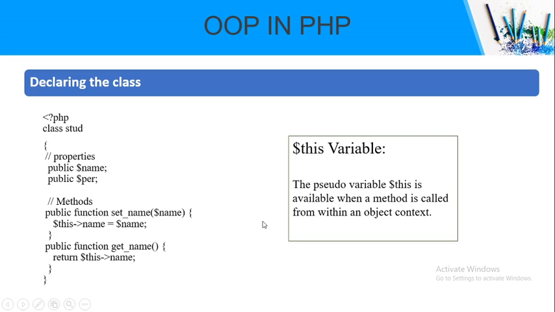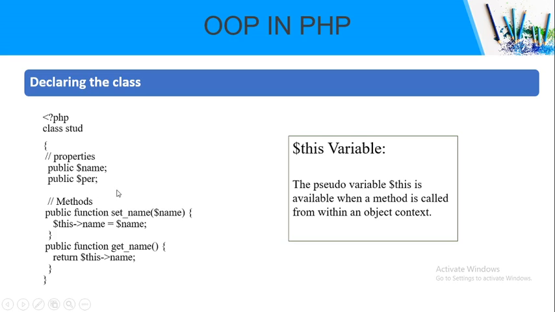Next is declaring the class. How can you declare the class? This is an example for declaring the class. Here is the PHP script for declaring the class. Class stud, and here public $name, meaning a variable having the name, and next one is the percentage $per for the particular student.